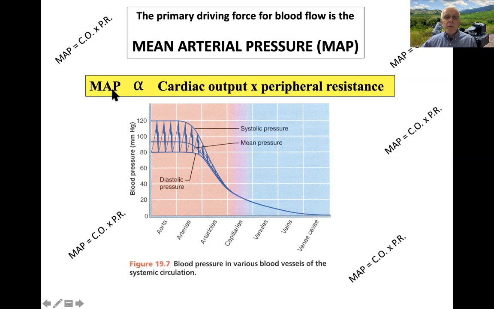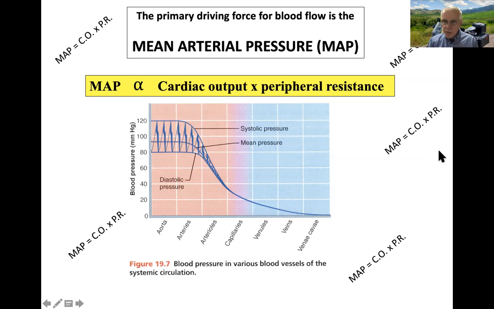But mean arterial pressure is proportional to, we sometimes say equal, and I've cheated over here and done that, cardiac output, liters per minute, mils per second, whatever, times peripheral resistance. I've pasted this all over this to draw your attention to it, because you probably want to understand that.